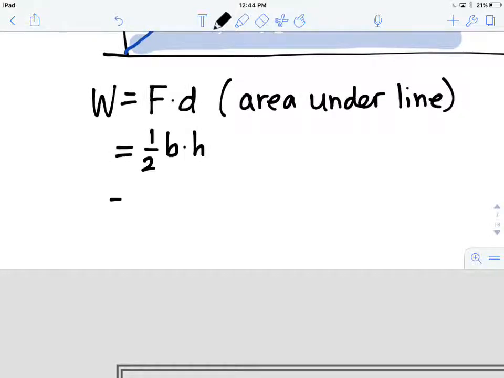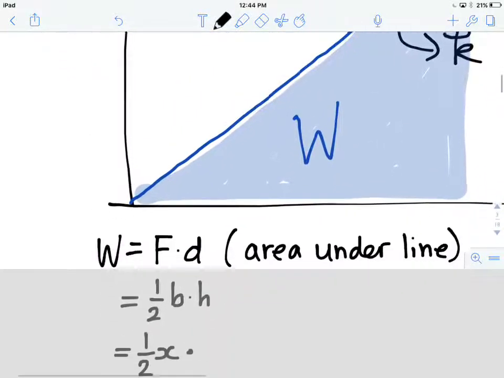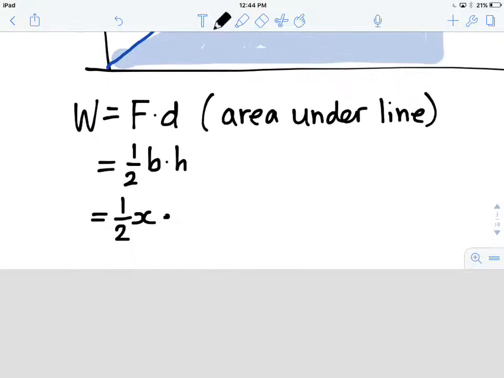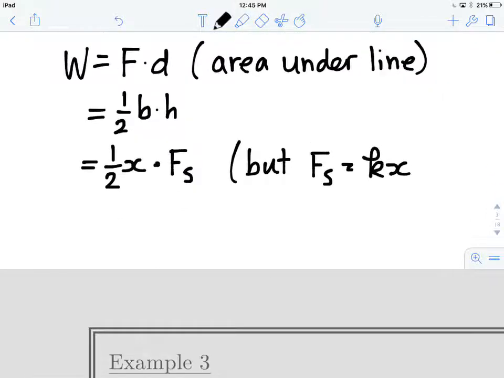Here, the base is, of course, x, and the height is our spring force. But we know that the spring force is equal to kx.